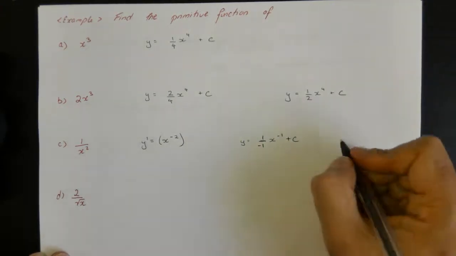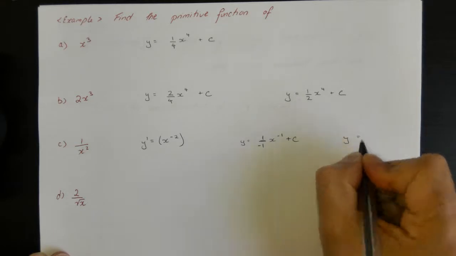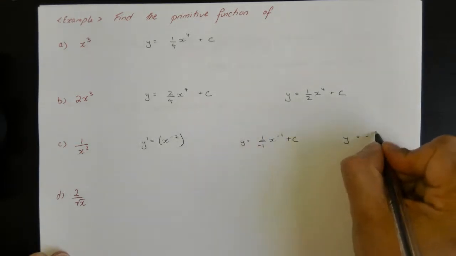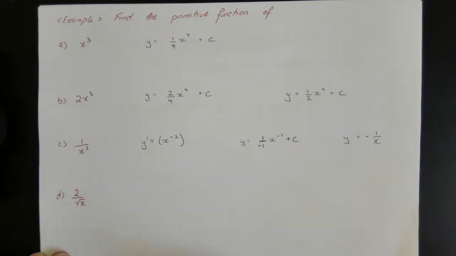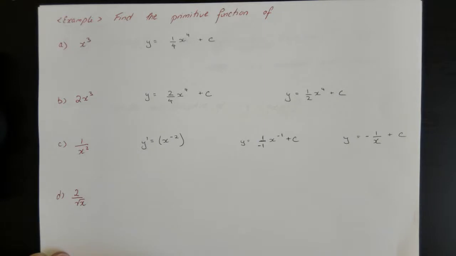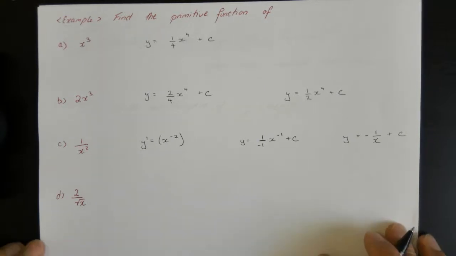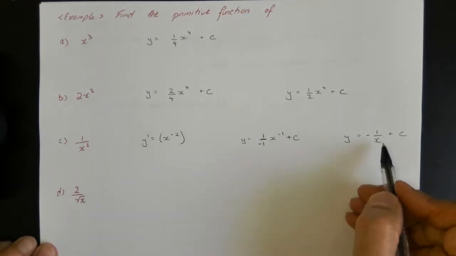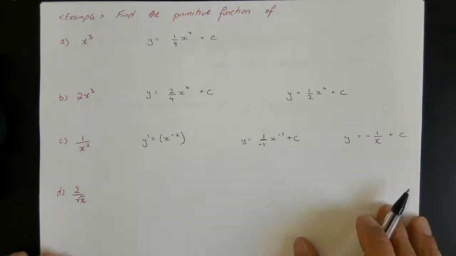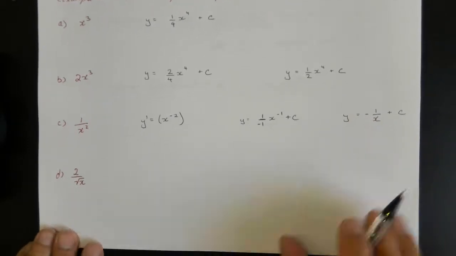Rewriting this gives us negative x to the power of negative 1, plus c. If I was to differentiate that, negative 1, bring that down, becomes positive 1, drop the power, so x to the negative 2. That's correct.